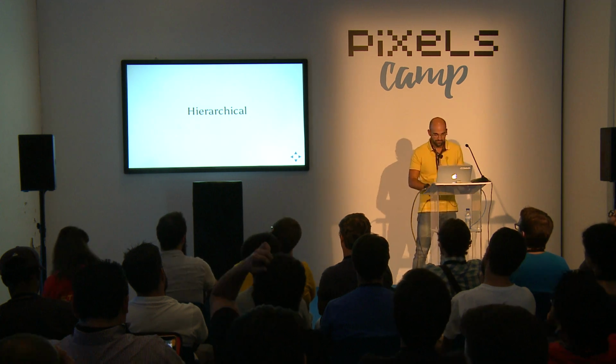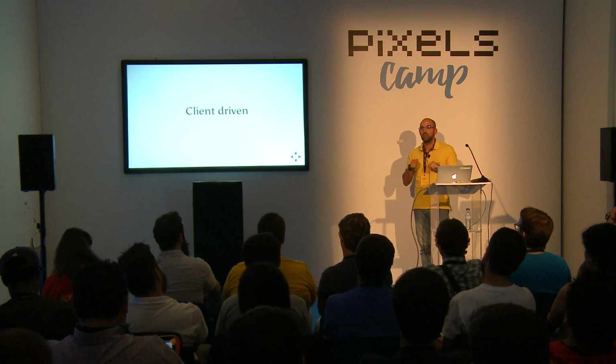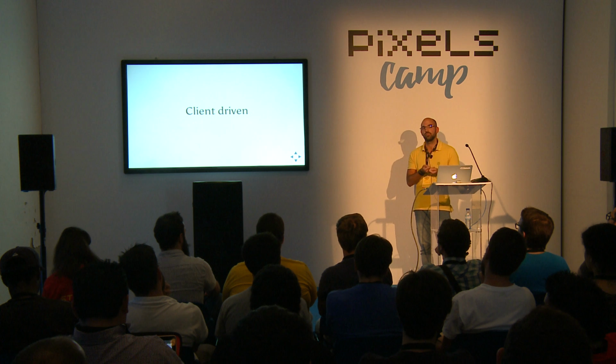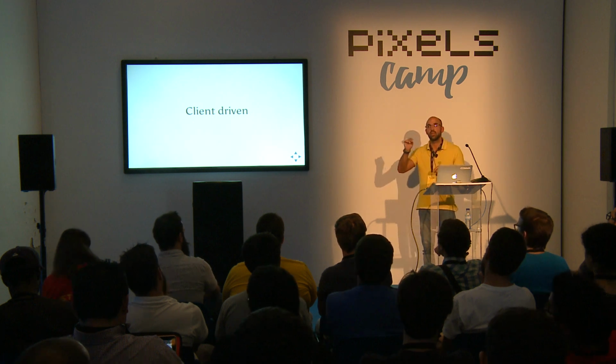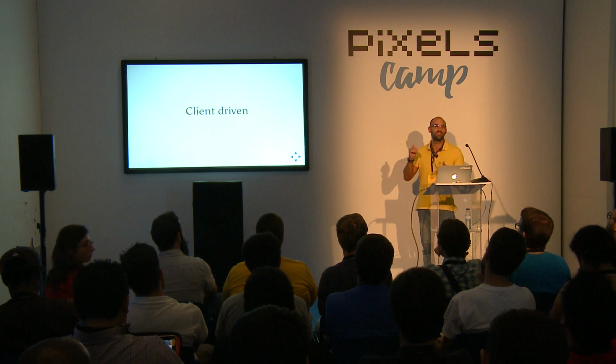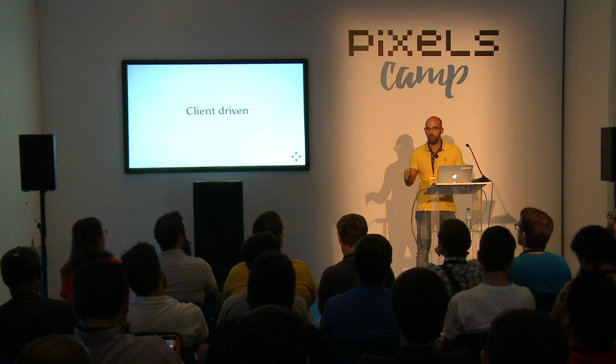It's client-driven in the sense that the client tells the server exactly what it wants to know. I want the name, so I write the name. If I don't want the name, I erase the name from the query. And you get what you want, no more, no less.